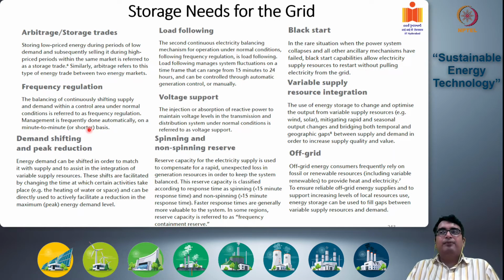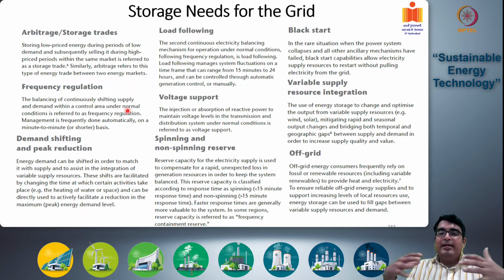Another type of application for storage is frequency regulation. So the balancing of continuously shifting supply and demand within a control area under normal conditions is referred to as frequency regulation. So this is basically what is regulating the AC voltage frequency, right?